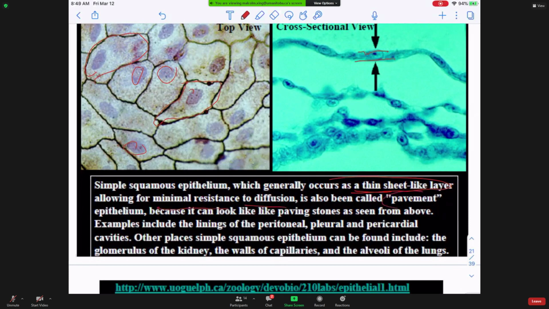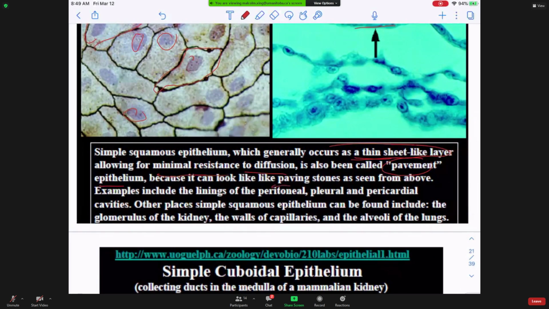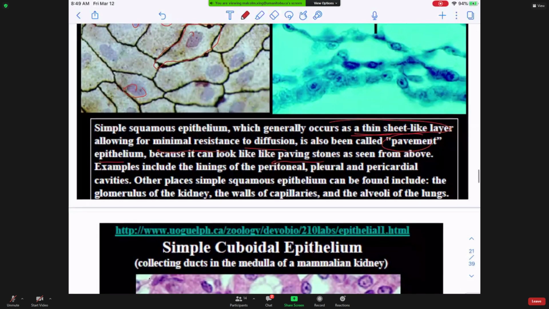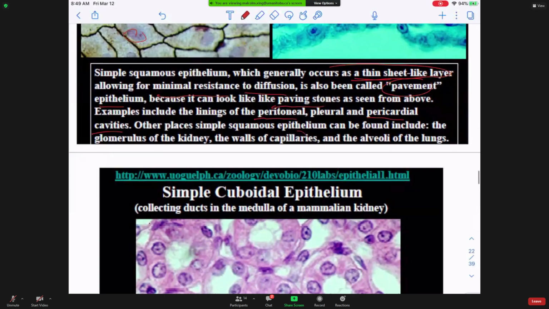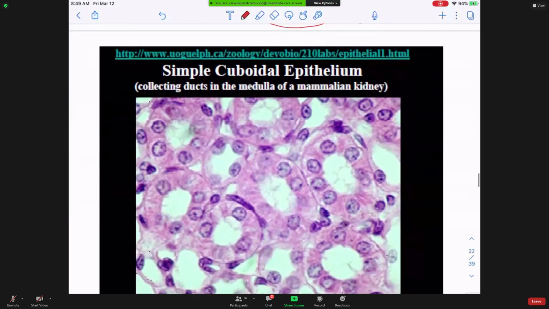It has been called the pavement epithelium because it looks like paving stones seen from above. It lines the peritoneal and pericardial cavities, and is found in the capillaries of blood vessels, the lungs, the basic airway structures and the kidney.